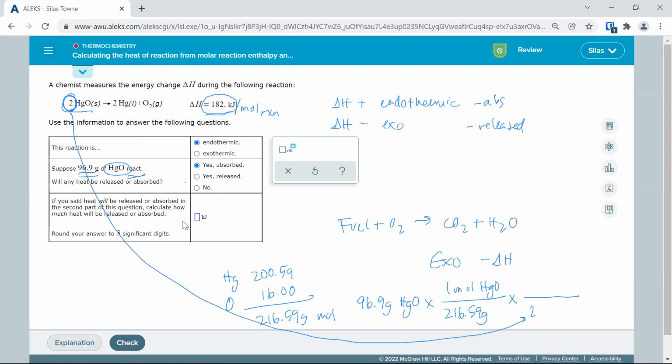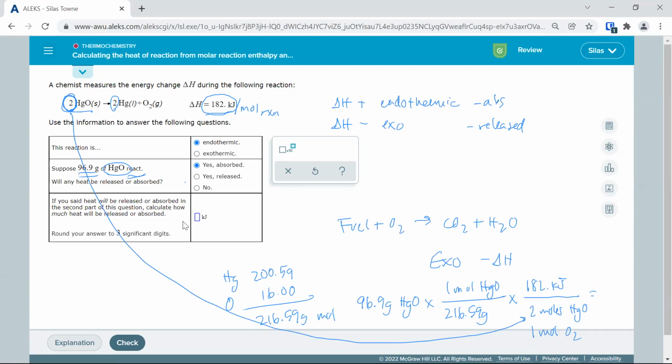So every 2 moles of mercury oxide for every 182 kilojoules absorbed. Now, if I had done oxygen, it would be 1 mole of O2 down here. So you have to use whatever's in front. And again, we can do it for any reactant, any product, just like stoichiometry.